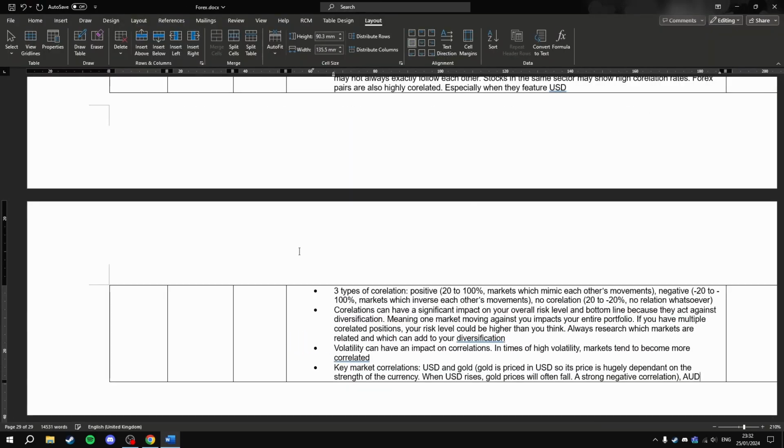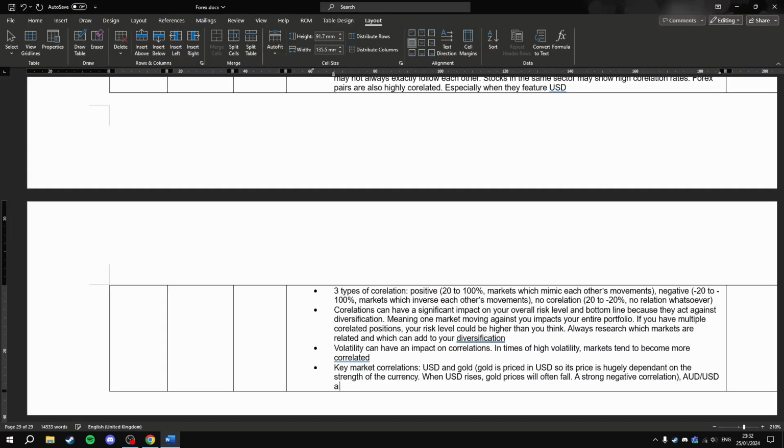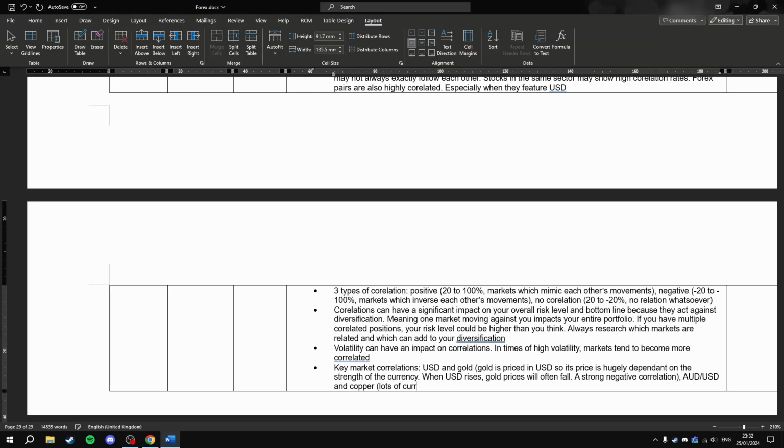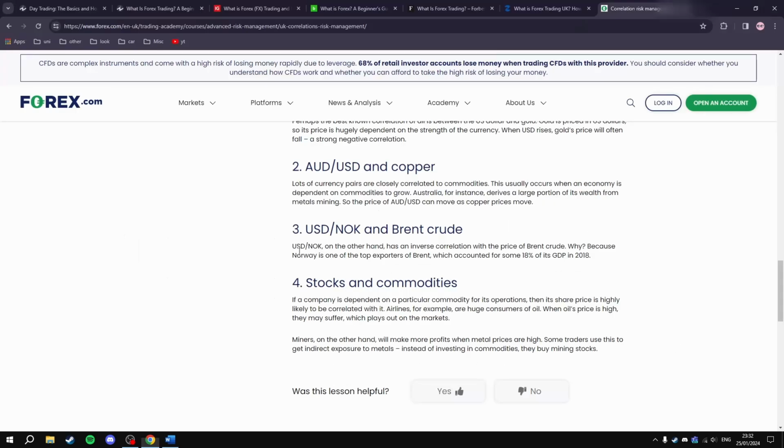So AUD/USD and copper. Lots of currency pairs are closely correlated to commodities. This usually occurs when an economy is dependent on commodities to grow.